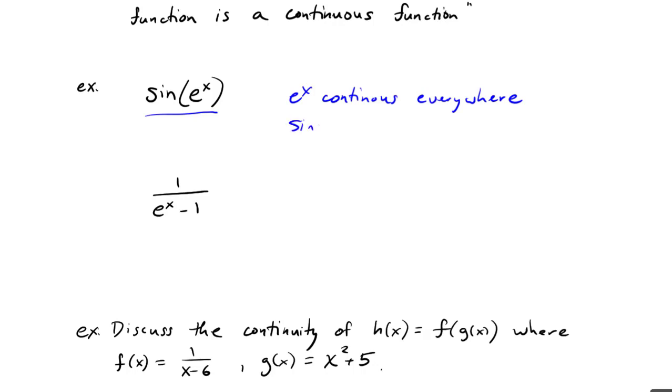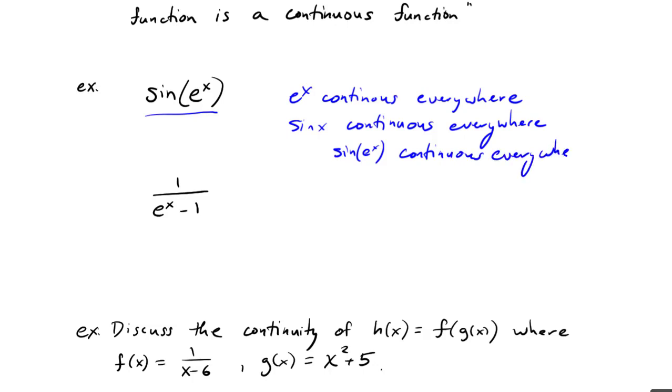And sine of x is continuous everywhere for the same reason. So that means that sine of e to the x is continuous everywhere. When we say that, we mean on the real line.